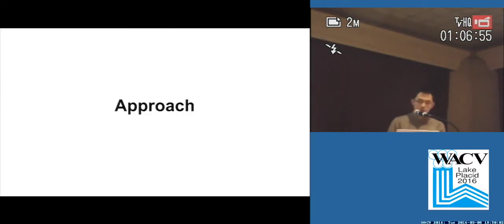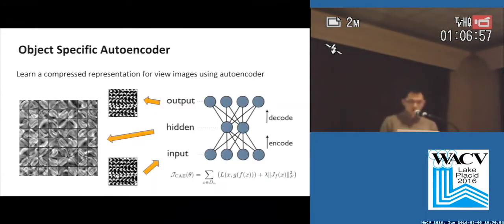So here are our answers to these questions. To represent the 3D models in the database, we use autoencoders, which have been shown to give very good results in modeling the manifold of input. We train one autoencoder specifically on each object model.